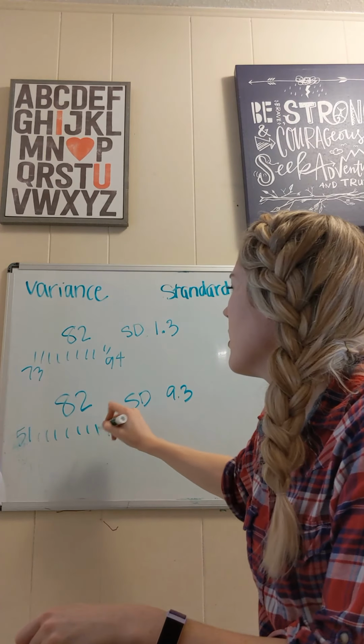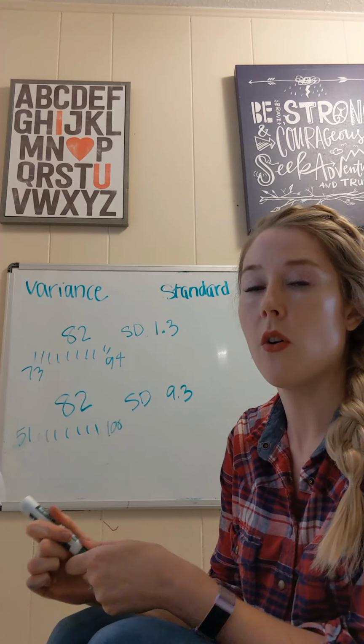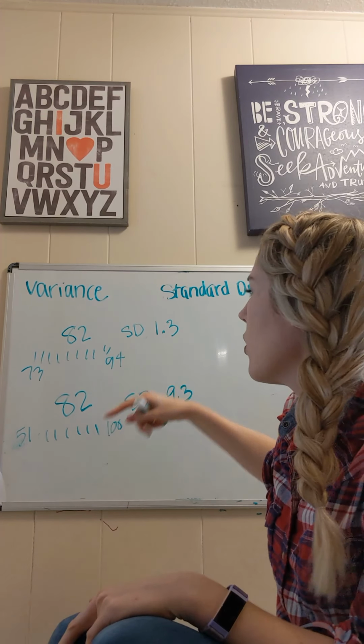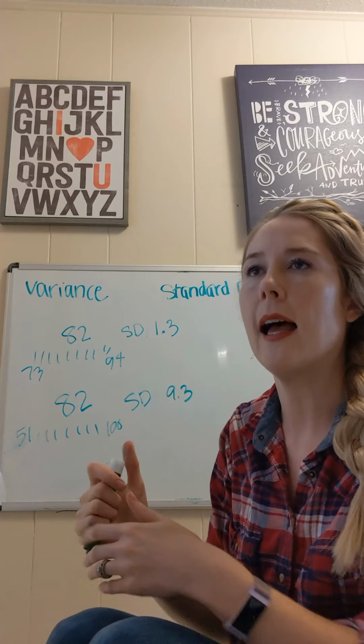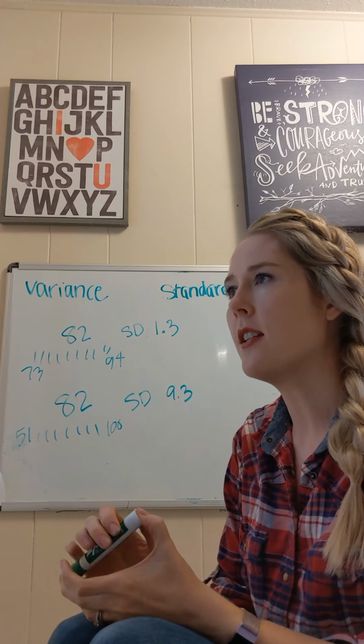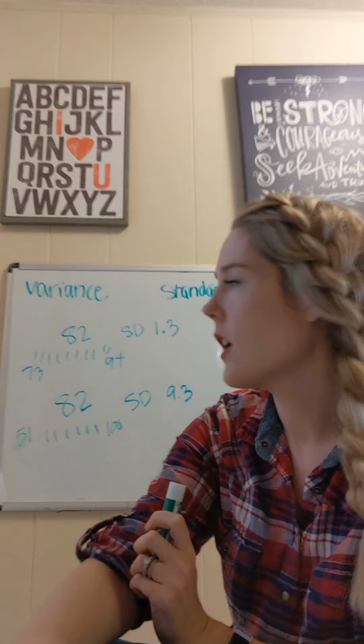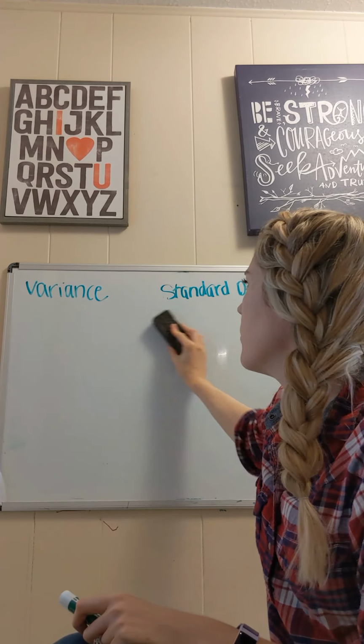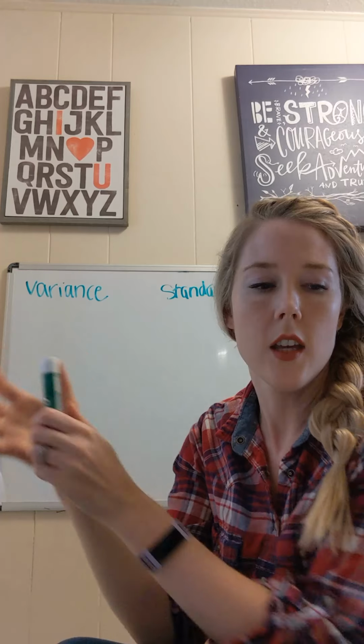So here there's going to be a lot more variation within your data. It gives you at a glance what your data might look like, how much variation is in the data. It's just another tool to give people an idea of what your data actually looks like.